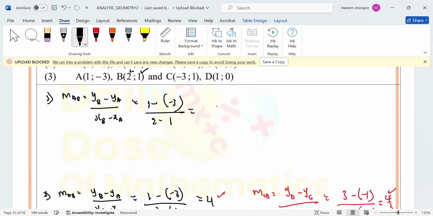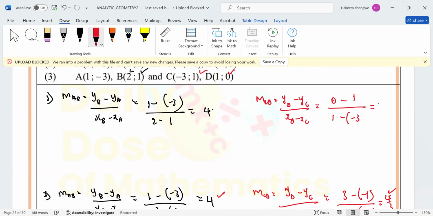What you get as your answer? You get 4. Okay, other one, we have M of CD. It's Y at D minus Y at C, all over X at D minus X at C. What is Y at D? Minus 1, all over 1 minus open bracket minus 3. You get what? Negative 1 all over 4. Clearly, you can see minus 1 all over 4 and 4 are not equal.